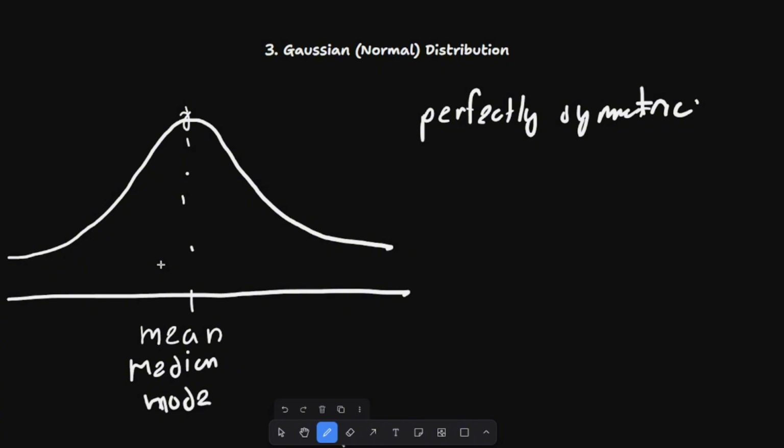So if you think about it, natural height of humans, that's normal. The IQ, it's a normal curve. And measurement errors, they're also normal curve. So if I were to, for example, draw the distribution of maybe an IQ of maybe 2,000, 3,000 people, it would look something like this if there was no bias involved.